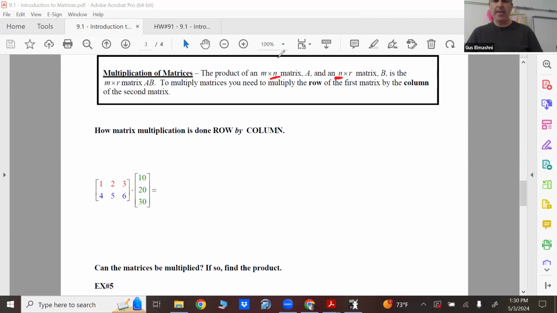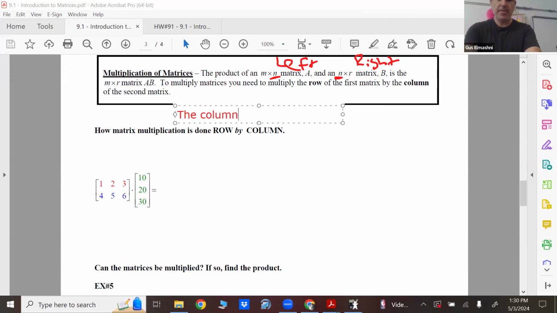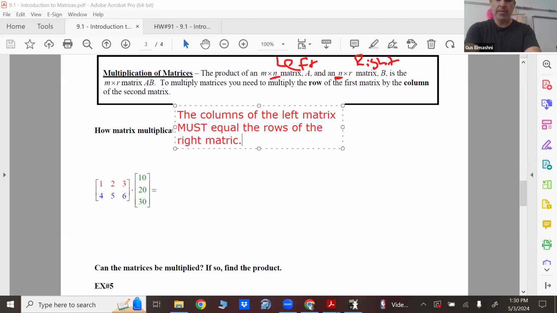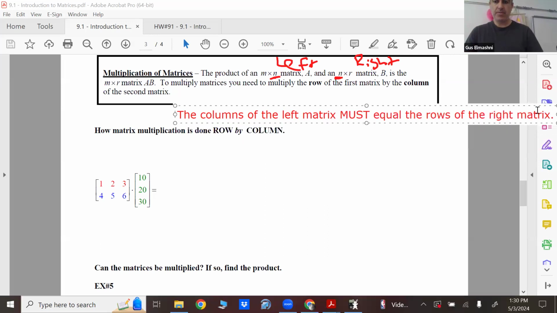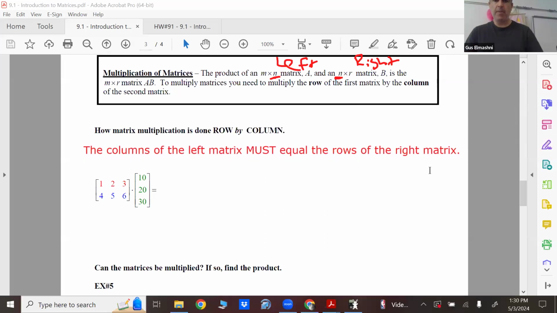What I mean by that is that your left matrix is A, your right matrix is B. The columns of the left matrix must equal the rows of the right matrix. Very, very important. Otherwise, you have something we call a mismatch. Okay, very important. The columns of the left matrix must equal the rows of the right matrix.